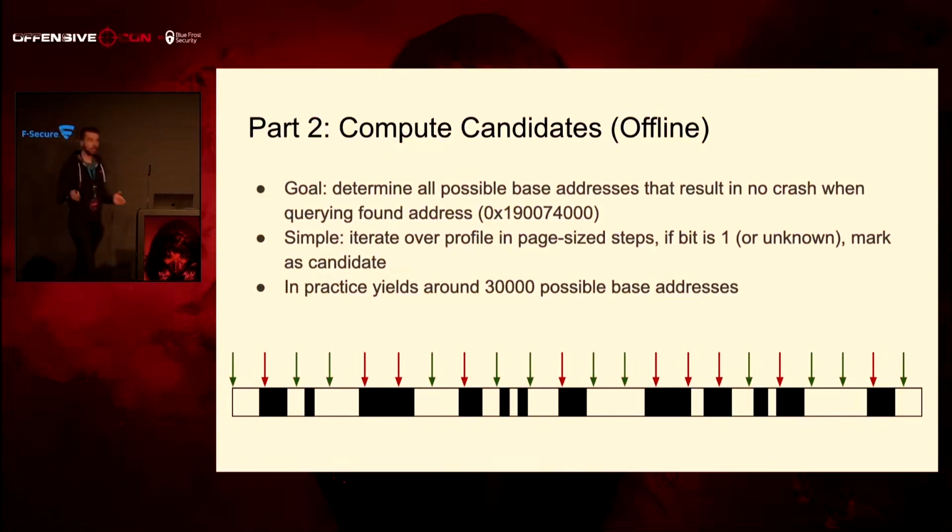And now in this picture, every white region is a potential candidate, because this is the 8 bytes that we could have just probed in this case. In practice, I think this will leave us with maybe 30 to 40,000 candidates, because the shared cache is gigantic. It's like 1 gigabyte or so in size. Okay, so we have all these candidates.